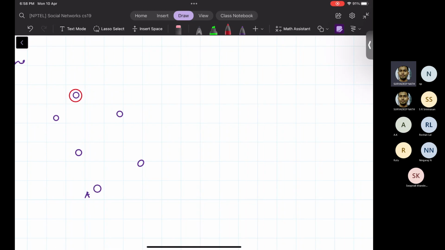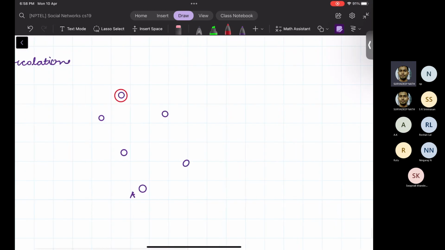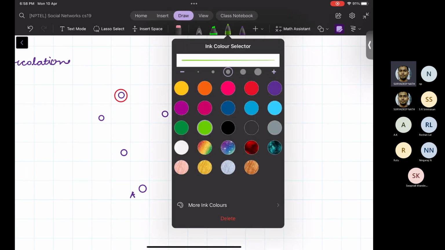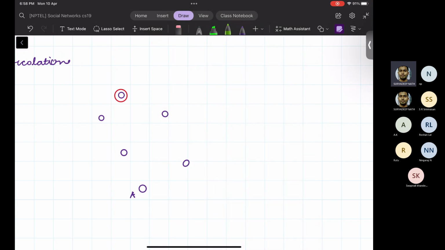In option one, it says that there exists at least one path with all open edges from the infected node to node A. Open edges means that the disease can spread through that path. So let me draw the open edges. I'll use green color to denote open edges.